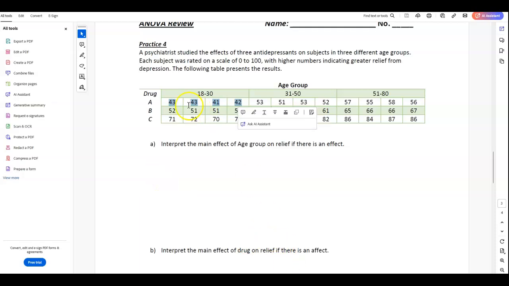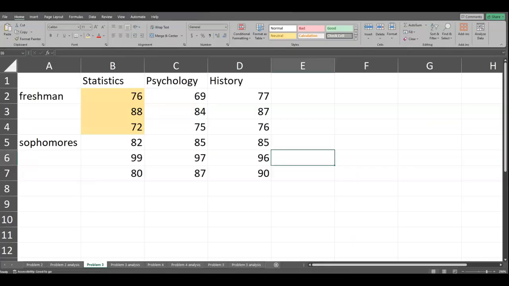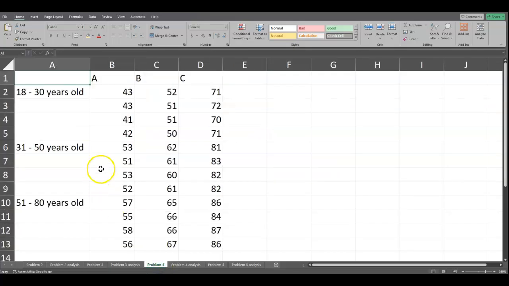Again, the way this is organized is to take up the least amount of space when you read an article, but when we put that in Excel, we do have to group it differently. I want to make sure all of you recognize that. In problem 4, I changed it so that I could tell Excel how many rows belong to each one. Just make sure you pay attention to that kind of thing.